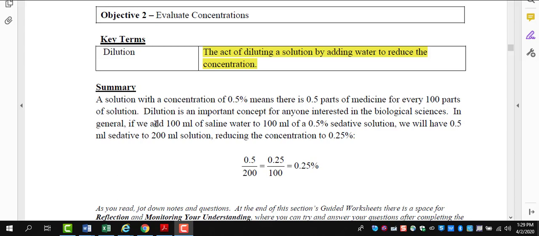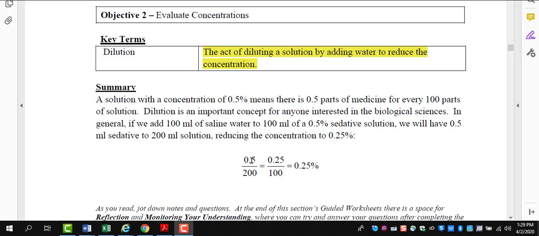In general, if we add 100 milliliters of saline water to 100 milliliters of a 0.5% sedative solution, you will have 0.5 milliliters in 200 milliliters, which would be a 0.25% solution.